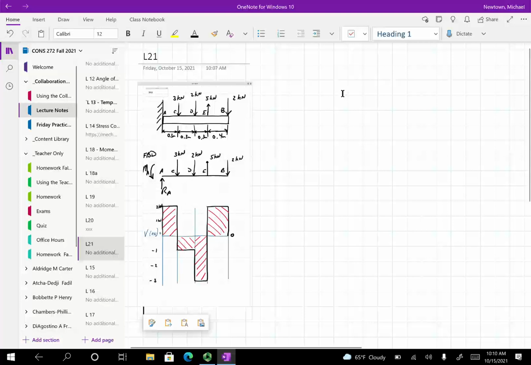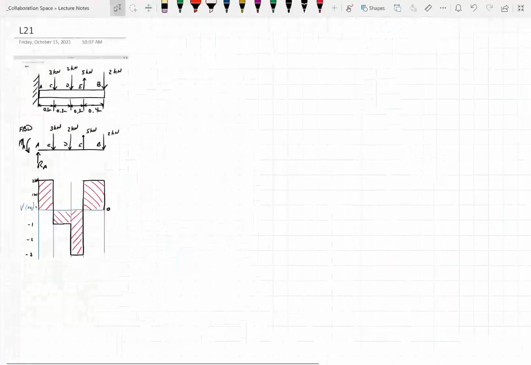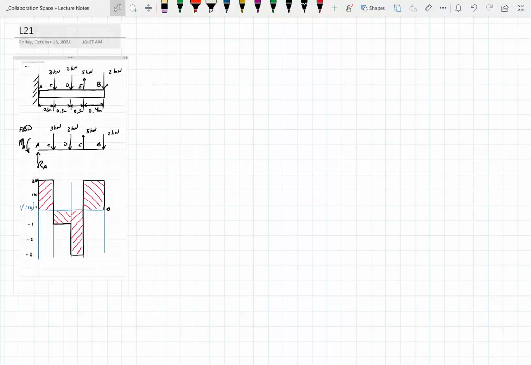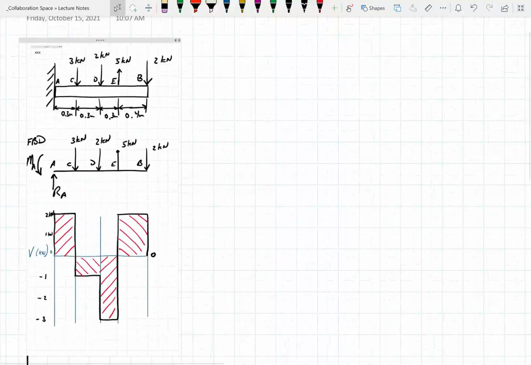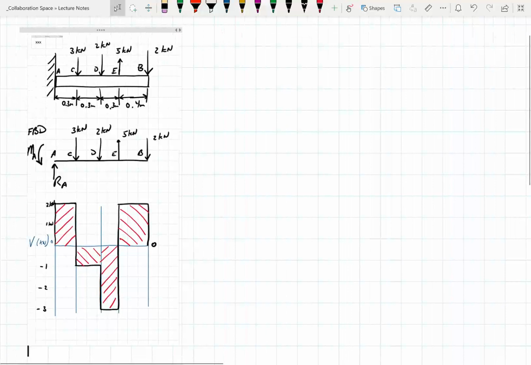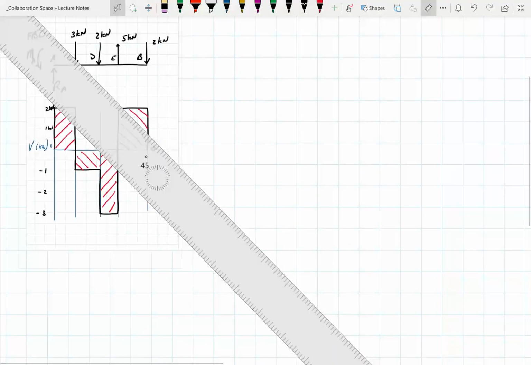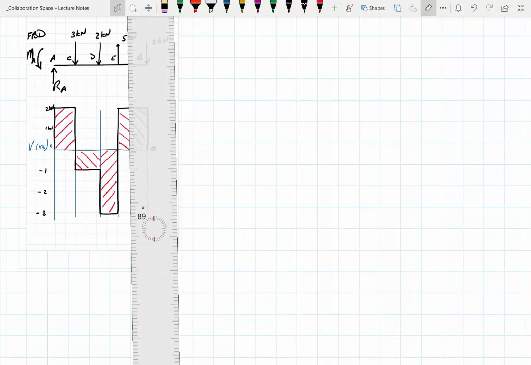Cool. All right. Now I think we can make some progress here. So this is the shear and bending moment diagram from the last part of this. So we need to come down and do the moment diagram.